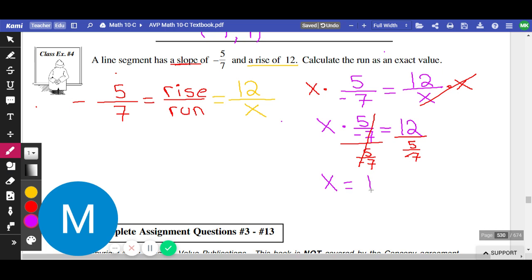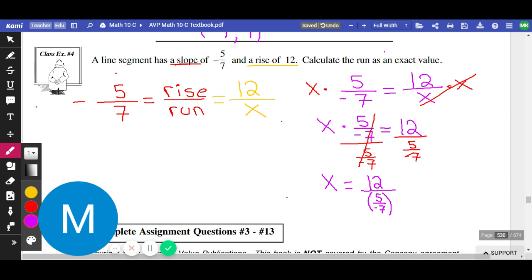x equals 12 divided by, and that 5 over negative 7, I'm going to put it in brackets. My calculator is going to need those brackets. The brackets tell your calculator this is a fraction, like the 5 over 7 is a fraction together.